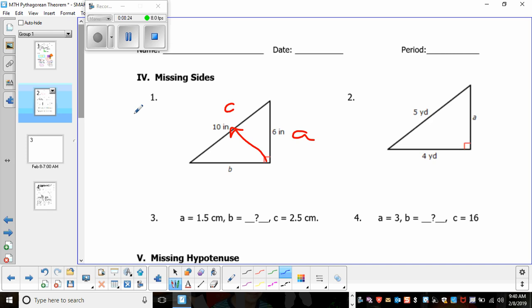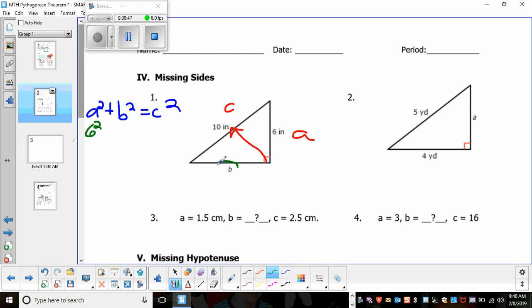For these kinds of problems, I want to write down the formula first for Pythagorean theorem, which is a squared plus b squared equals c squared. I want to plug in what I know and work backwards to find what I do not know. So I do know that I have A, which is 6, and I'm going to square it.